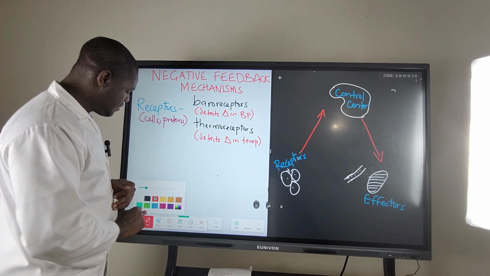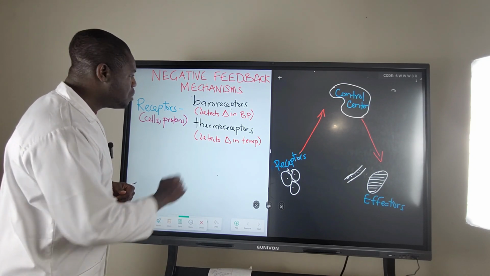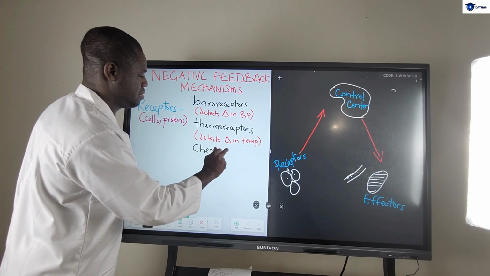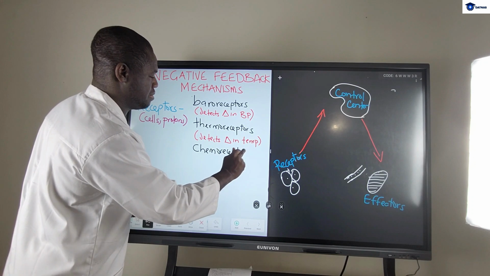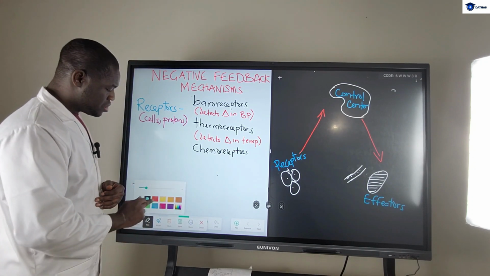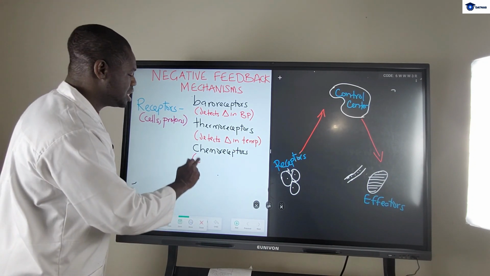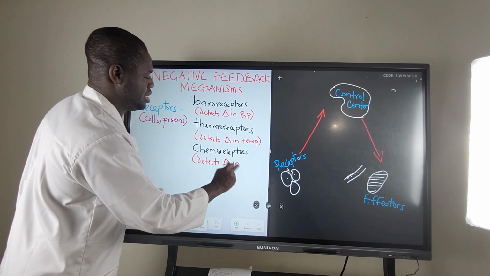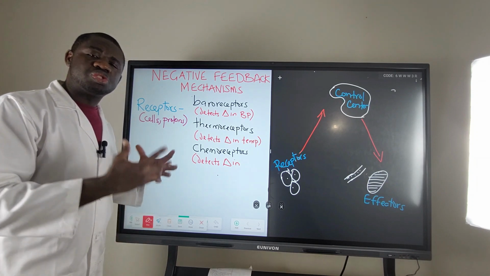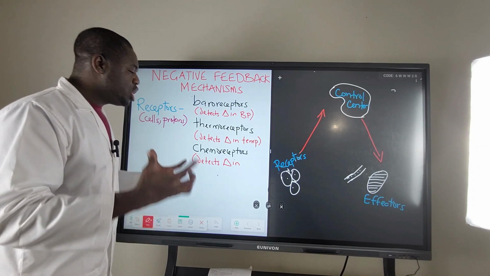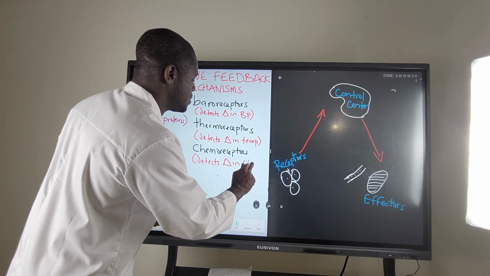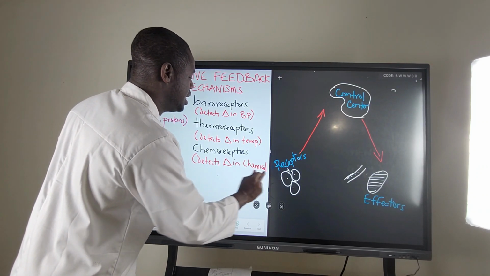We also have chemoreceptors. Chemoreceptors detect changes in chemical substances. They detect changes in the amount of chemical substances in the body.